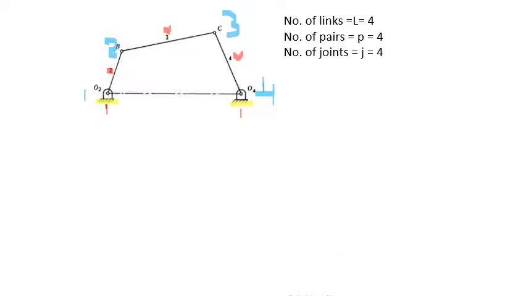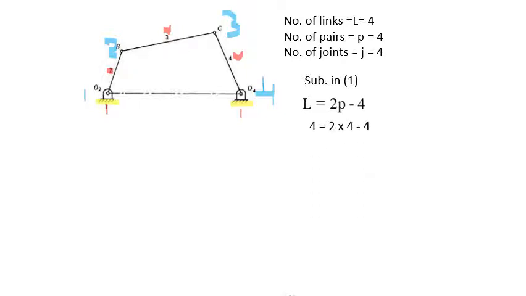Next, the number of joints. Easily we can see the number of joints. For the given mechanism or kinematic chain we have 4 joints. Now I am going to substitute the values into equation number 1 in order to find out whether the given chain is a structure or not.